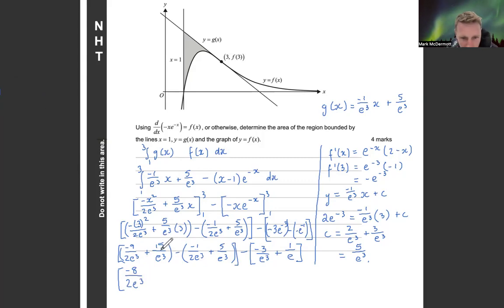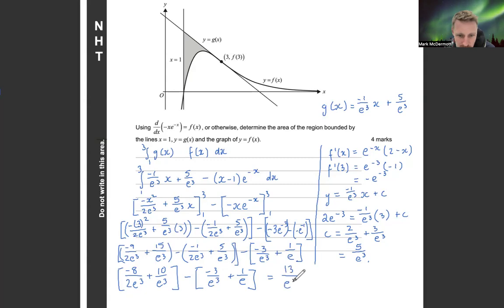All right, 15 on e cubed minus 5 plus 10 on e cubed. Okay, minus, -3 on e cubed plus 1 on e. Okay, like terms again, 10 minus, so 10 plus 3 is 13. So I'm going to get 13 on e cubed minus 8 on 2e cubed plus 1 on e.